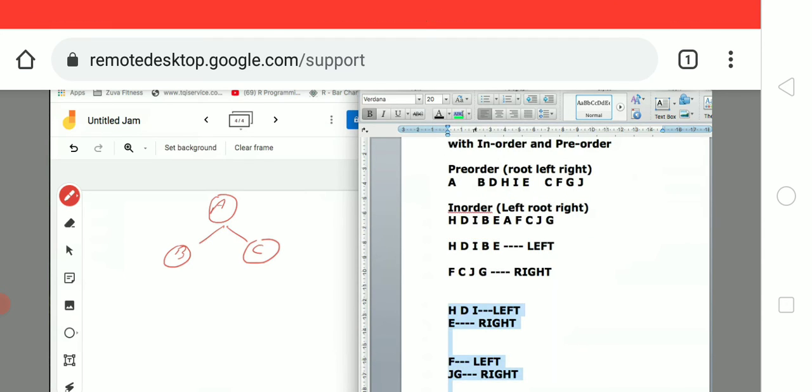Now we have to go for pre-order to split them, and A is posted, B is posted, and remaining D, H, I, E, and here C is posted. F, J, G are remaining. So I have to select another parent node. So here D, H, I, E are the 4 elements, and in these 4 elements D will become the root because here D is the first element.